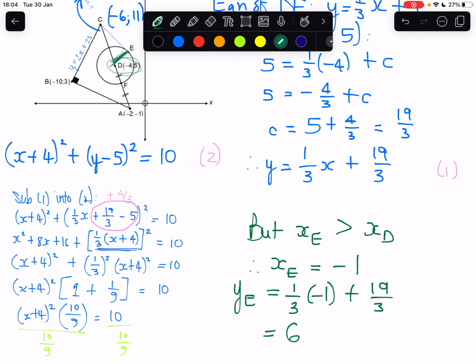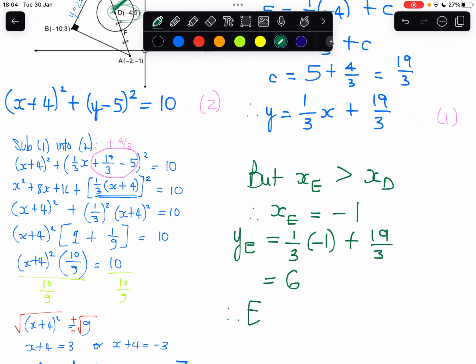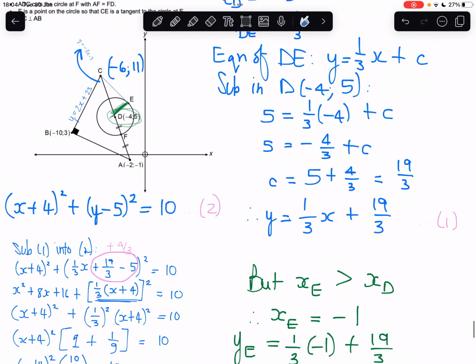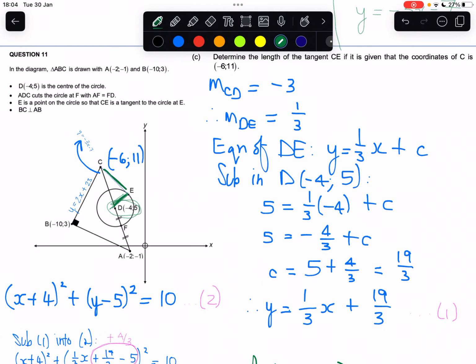So we now know that the coordinates of E are negative 1 and 6. So back to our question, we need to find the length of CE. We now have the coordinates of C, we have the coordinates of E, so this is a home run.